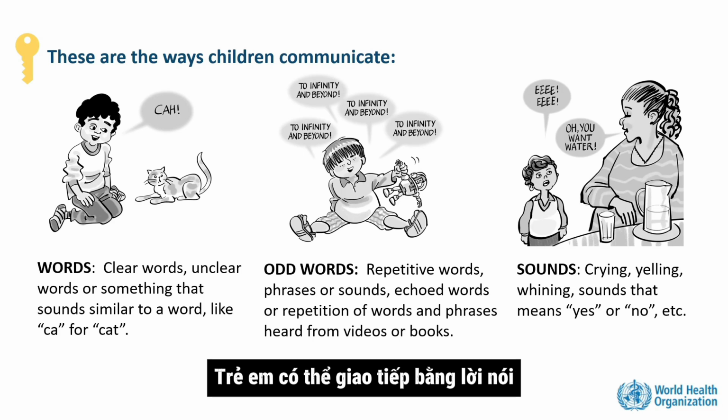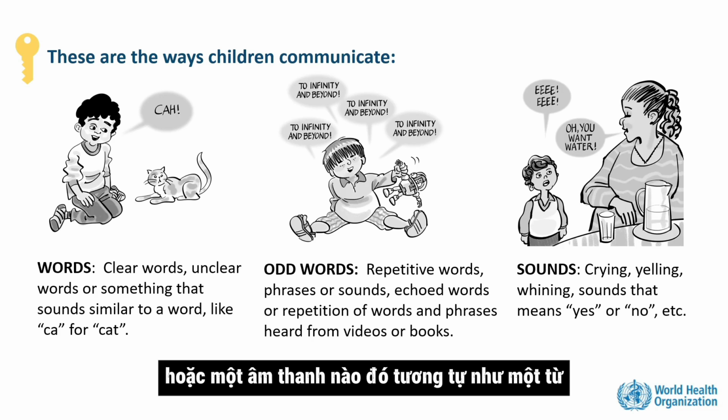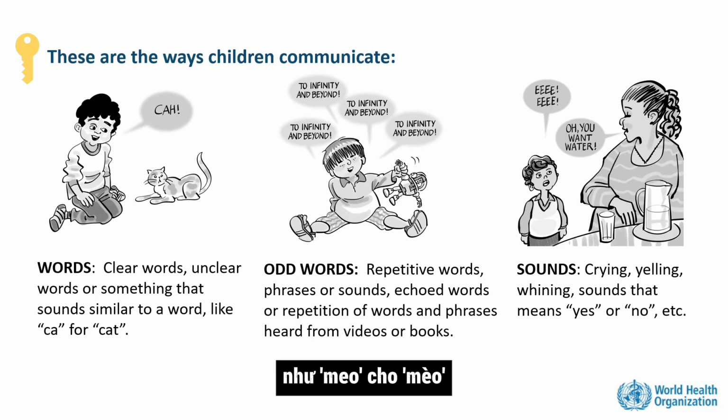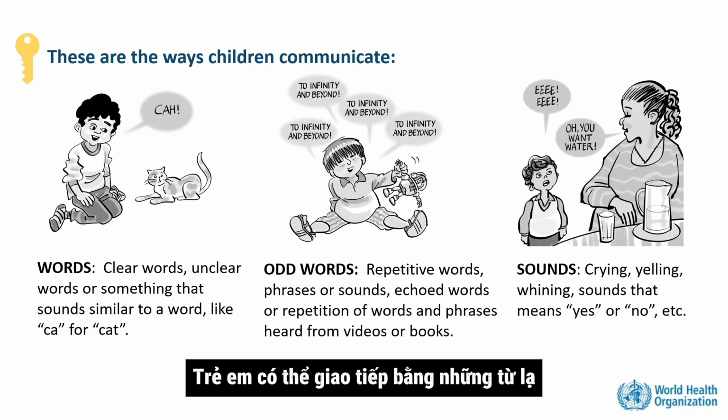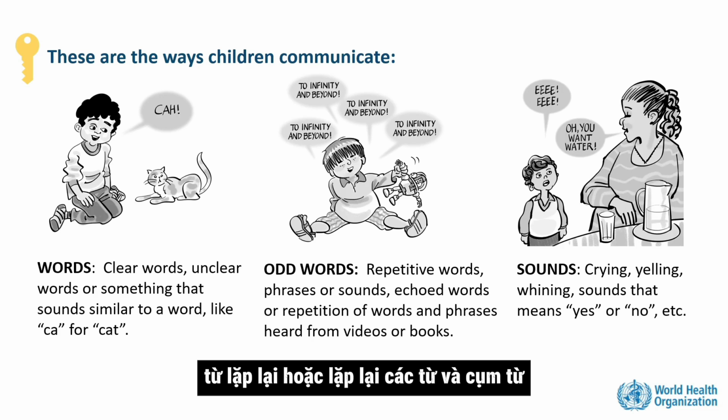Children can communicate with words: clear words, unclear words, or something that sounds similar to a word, like ka for cat. Children can communicate with odd words, repetitive words, phrases or sounds, echoed words, or repetition of words and phrases heard from videos or books.